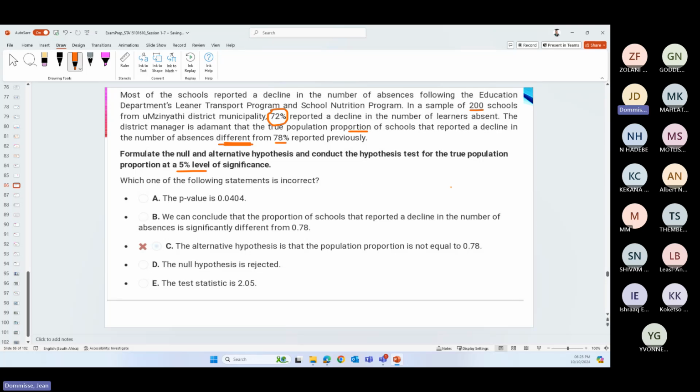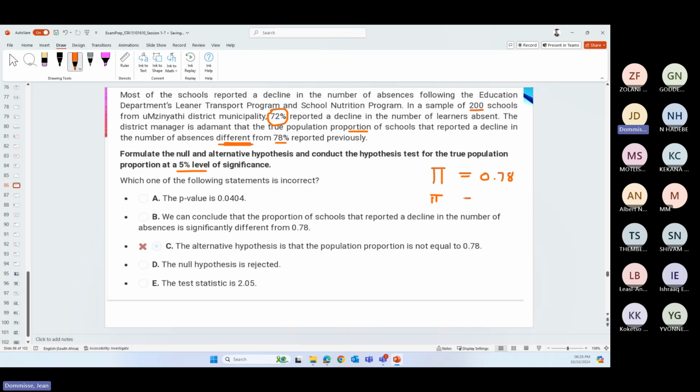So what we are looking at is that the proportion is equal to or not equal to, because it's different.